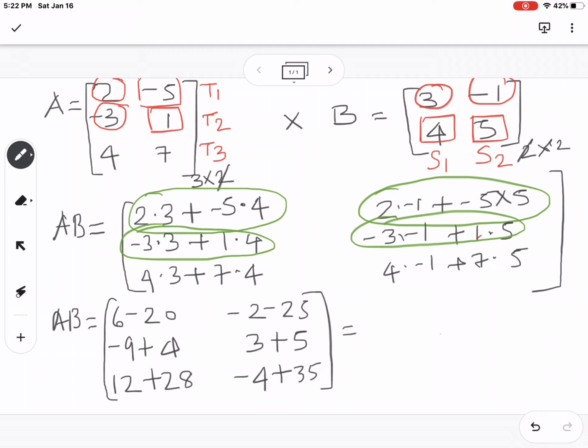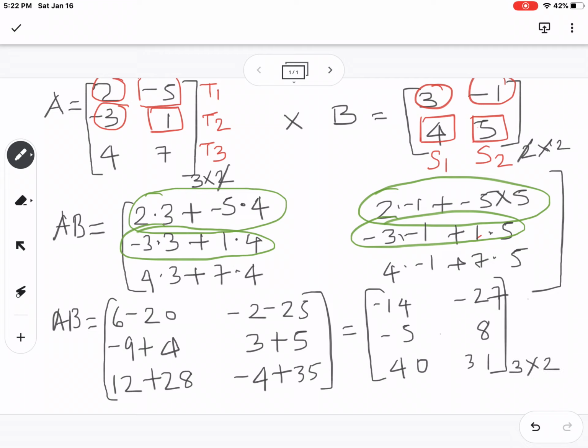So finally you get the final answer for this particular multiplication: minus 14, minus 27, minus 5, 8, 40, 31. This is your final answer. As you can see, this is a 3 by 2 matrix, the final resulting answer.